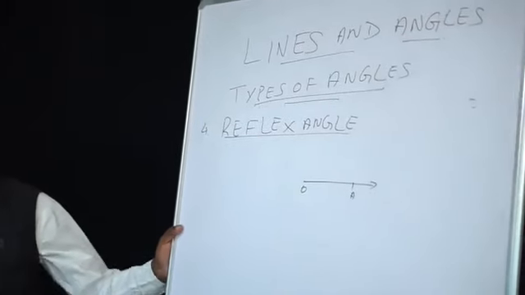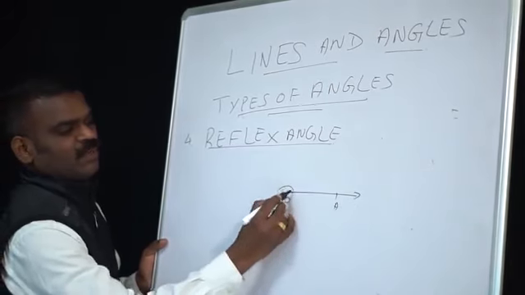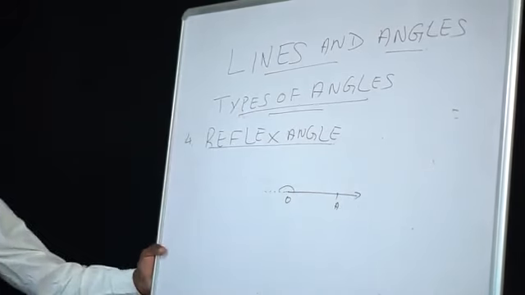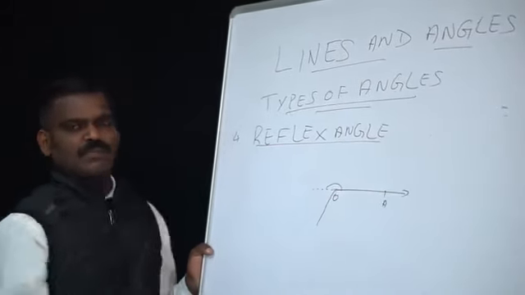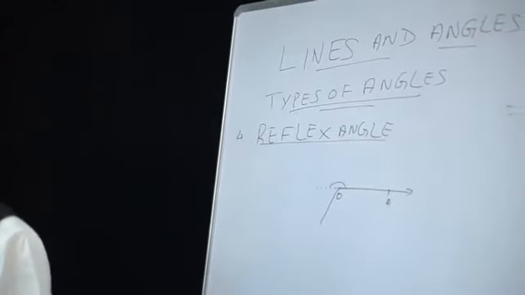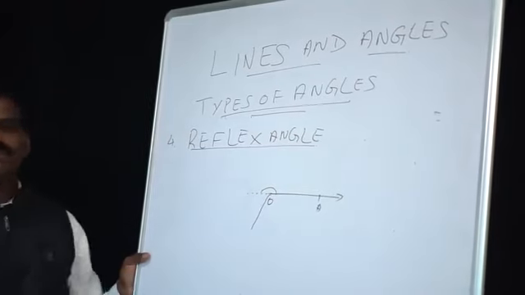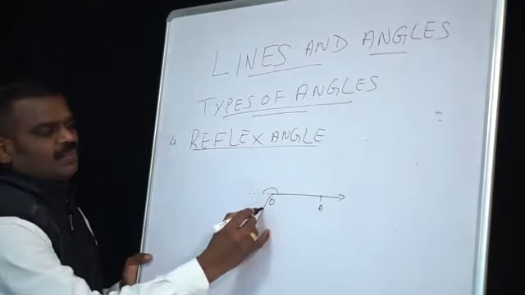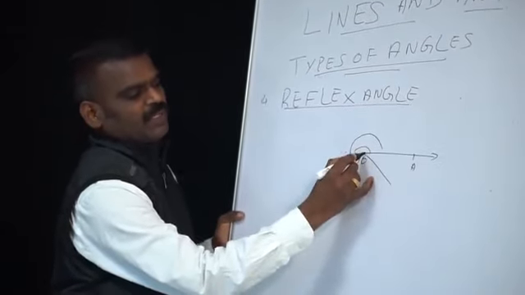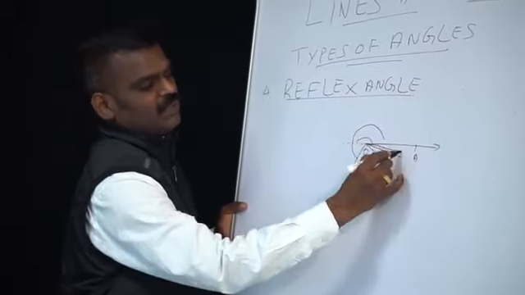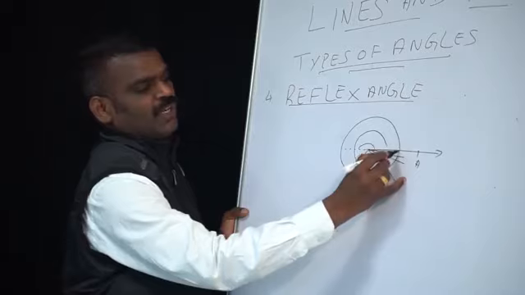We know it is a ray. When it goes a little more, how many degree? 180 degree, straight angle. Now, if we go beyond 180 degree, means more than 180 degree, then it becomes like this, right? You can go this much, even you can reach this much, even this much also, but you cannot reach this line.